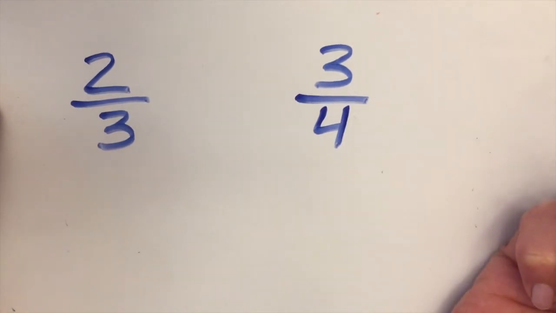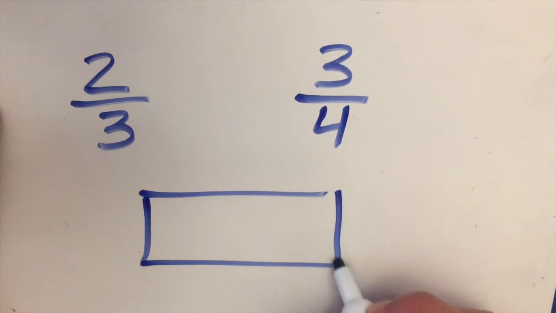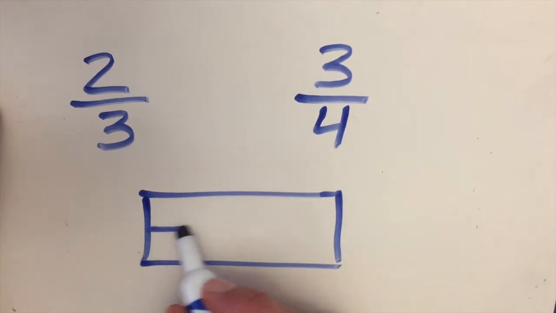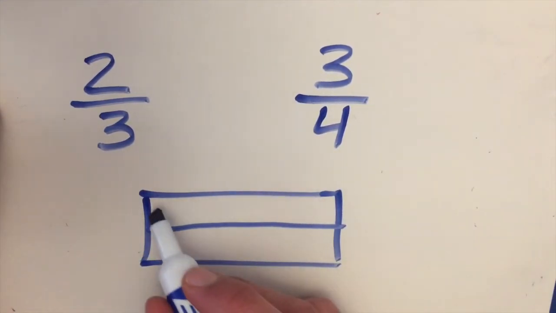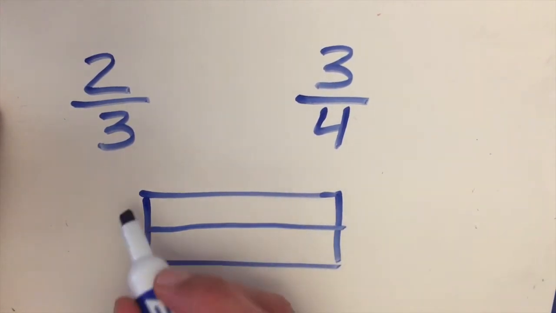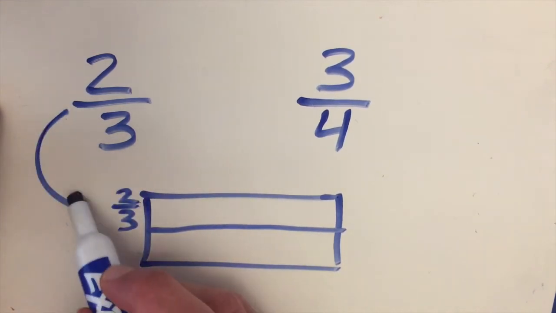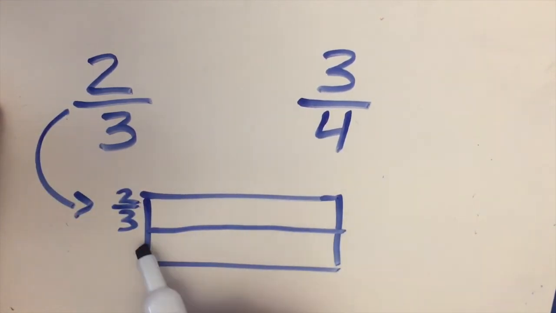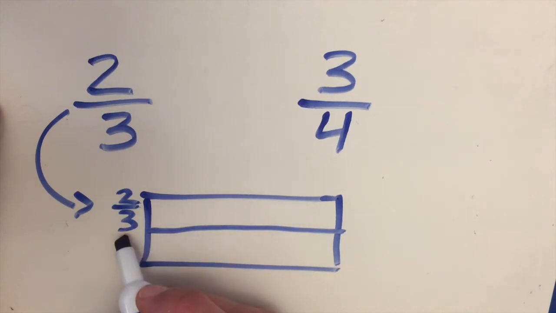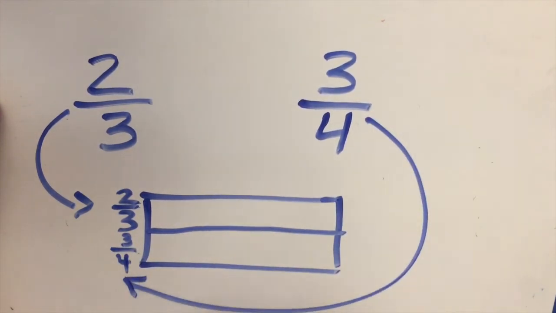The strategy that I prefer is to draw a large rectangle, and you split that rectangle in half. From one side to the other represents one whole amount. The top portion will be 2/3, and the bottom portion of the rectangle is going to be the 3/4.